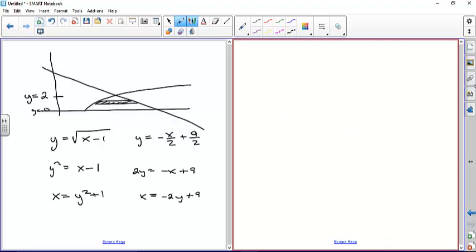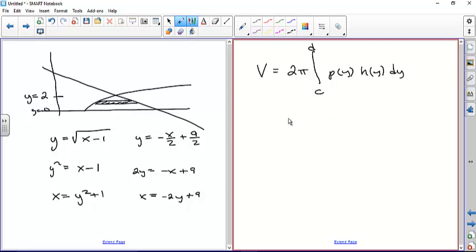Now, because I'm using the shell method, that's nice because I don't have to square stuff out. So the volume is going to be equal to 2 pi. So that's what it is for the shell method. I'm going to integrate from c to d. That's the y limits. I have p of y times h of y times dy. Shell method around a horizontal axis.